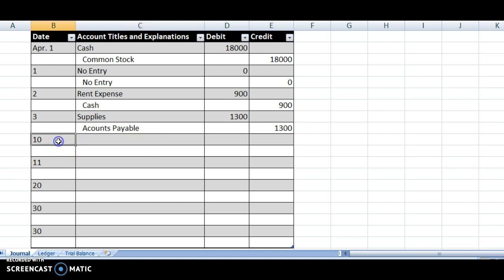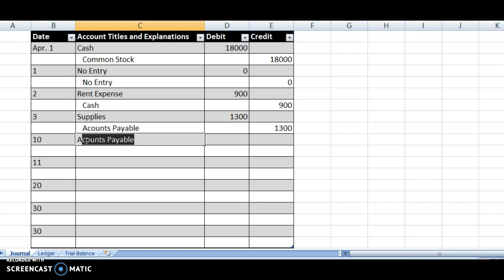The next transaction occurred on the 10th of April. It says we completed blueprints on a carport and billed the client $1,900 for services. So once again, this isn't going to affect cash because we had to bill them.